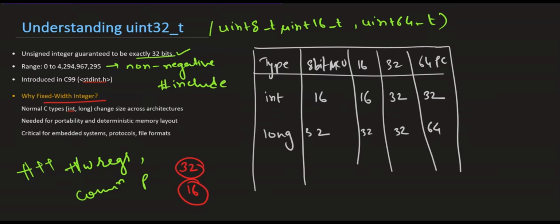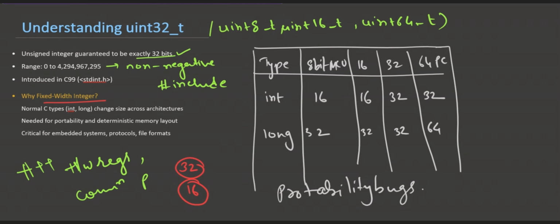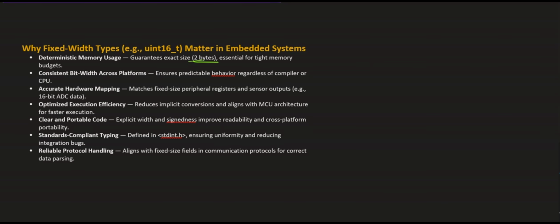So this creates portability bugs. Hence, in embedded systems, we use uint32, or uint8, 16 or 64, depending upon the register size.